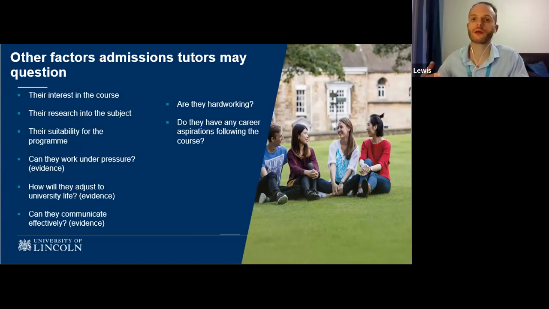This will help demonstrate that the student is a well-rounded, strong applicant. So it's not just about the academic side of things, it's about what other skills, interests and hobbies they have that will support them in their journey in HE.